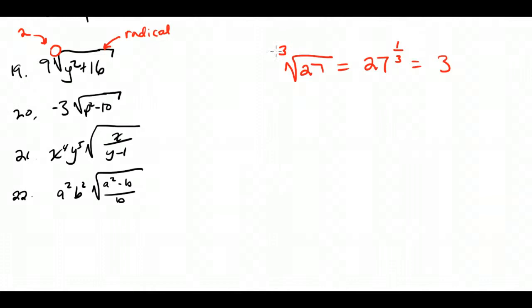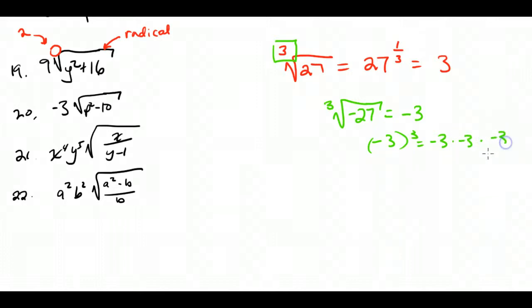And remember that for an odd index, for an odd root, I can take the odd root of a negative number, because if I were to expand negative 3 to the 3rd power, it's negative 3 times negative 3 times negative 3.